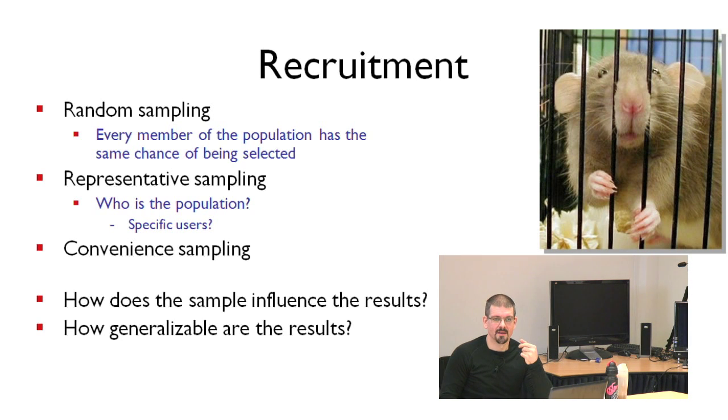Sometimes you're interested in experts. If you're interested in experts, your population of interest is a lot smaller, and you still can do a random sampling of that. So let's say, I don't know, you're interested in augmented reality experts in New Zealand, there are not that many around here.